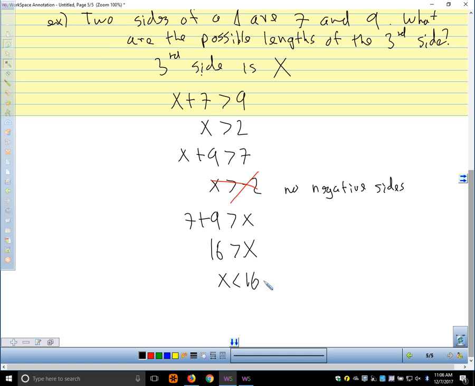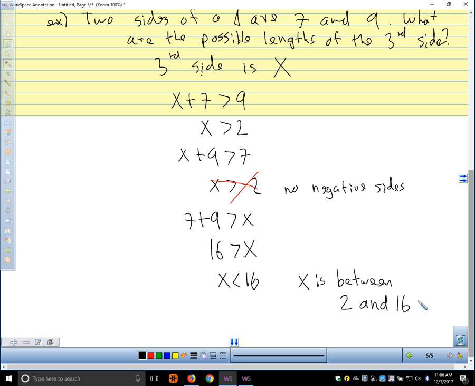So X is bigger than 2, smaller than 16. Because if it gets bigger than 16, then the other two sides, 7 and 9, are too small to connect. So we could say X is between 2 and 16. Any length between 2 and 16 would let us make a triangle.